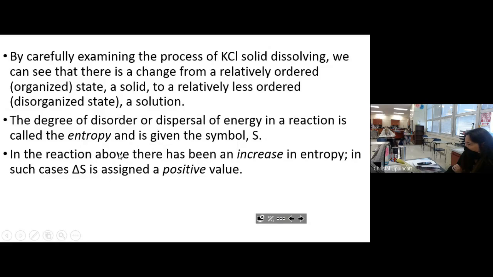So in the reaction here with this potassium chloride, an increase in entropy is going to allow us to have this reaction occur. So it's not just the enthalpy, the heat, that's at play. It's also the entropy.